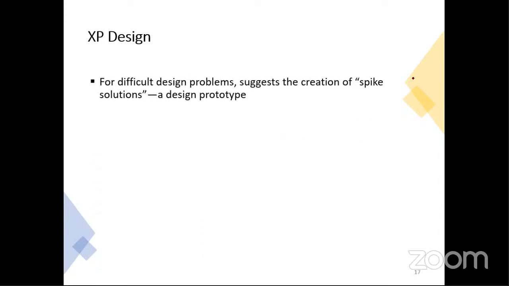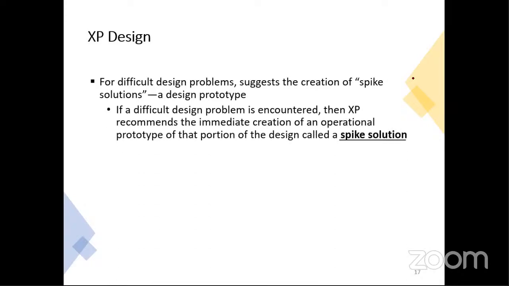For a difficult design, it suggests the creation of a spike solution. A spike solution is nothing but a design prototype. If a difficult design problem is encountered, then XP recommends the immediate creation of an operational prototype of that portion of the design, called a spike solution.